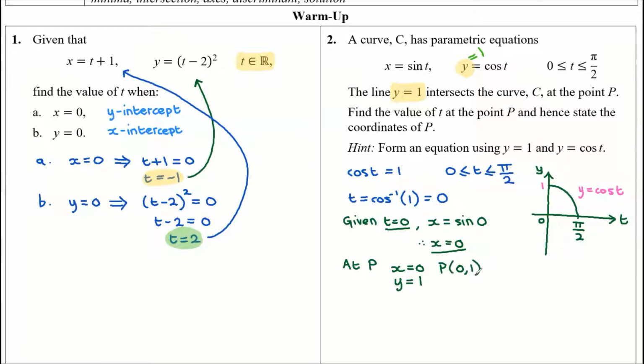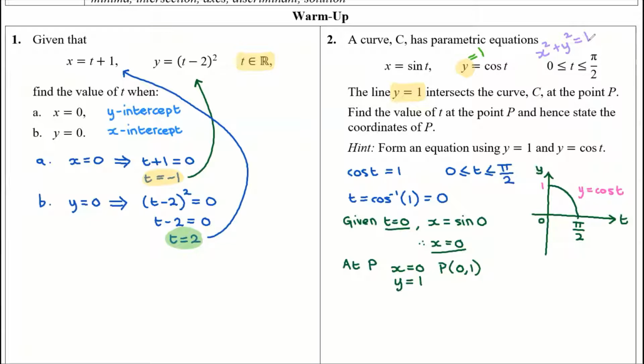Now, we could also think of this a bit differently. If we know, for example, that x equals sine t and y equals cos t, the Cartesian form is simply x squared plus y squared equals 1. But of course, we're only interested in t values between 0 and pi over 2.